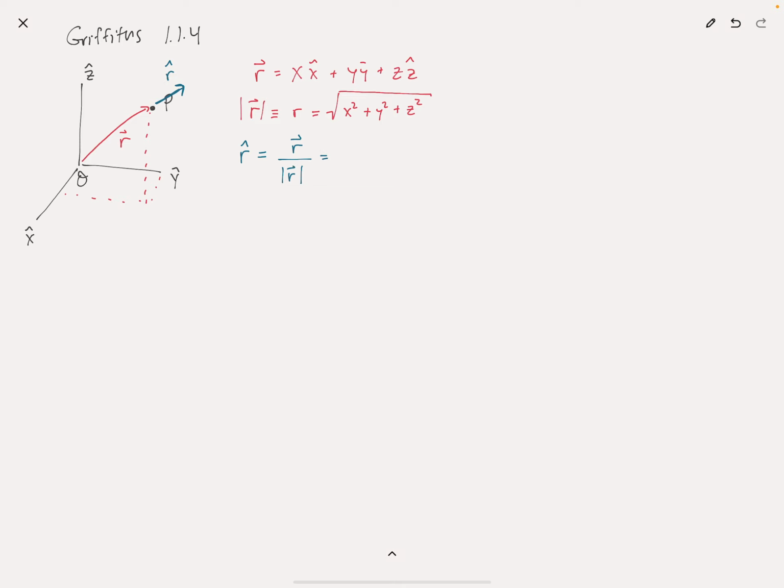Therefore, r hat becomes x in the x hat plus y in the y hat plus z in the z hat, all over the square root of x squared plus y squared plus z squared. So we take a vector from a coordinate system, we can find the magnitude of that, and as a result, we can find the unit vector that points in the direction of the vector we originally cared about.